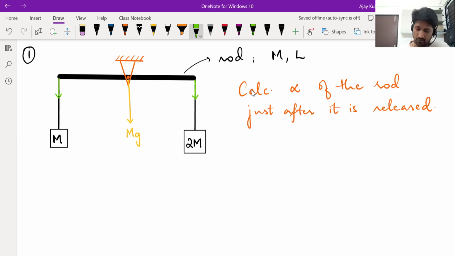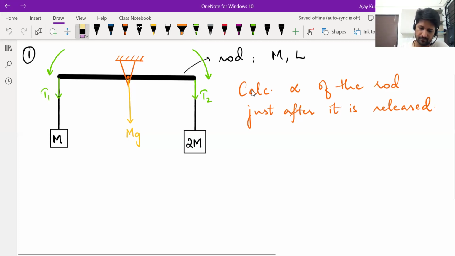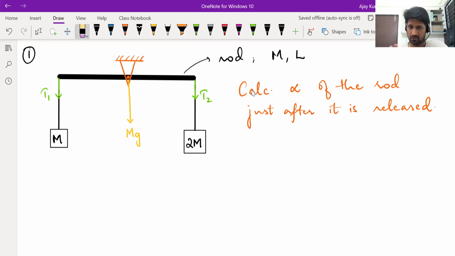Okay, if you are sure that it rotates, then you can be sure that the tensions are different, because had the tensions been equal, clockwise torque created by one tension would become equal to the anti-clockwise torque created by the other tension, and the rod would not have rotated, isn't it? But we know for sure it will rotate, so the tensions are unequal. Can you tell me which tension is greater, T1 or T2? Whose torque dominates? T2. Okay, so the tension T2 will be greater.